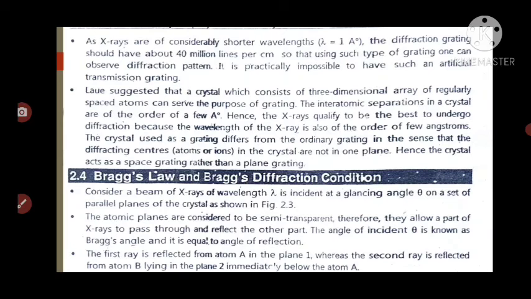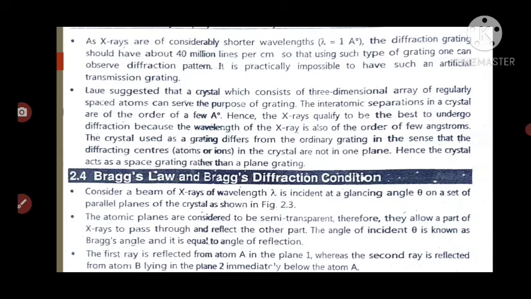And so, in Bragg's law and Bragg's diffraction condition, we consider a beam of X-ray of wavelength lambda incident at the glancing angle theta on a set of parallel planes. These atomic planes are considered semi-transparent because they allow part of the X-ray to pass through and reflect the other part.